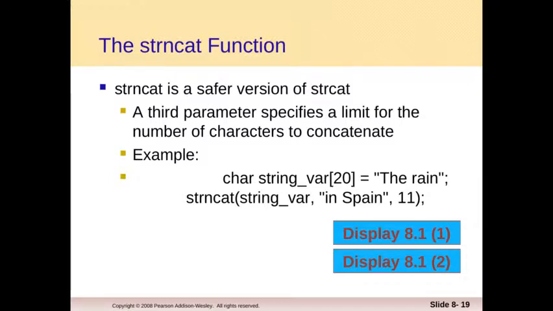And then of course you still have to put that \0 in the last position. Yeah? So there's an additional trap in there, so to speak. Yeah? And having to know the current size.